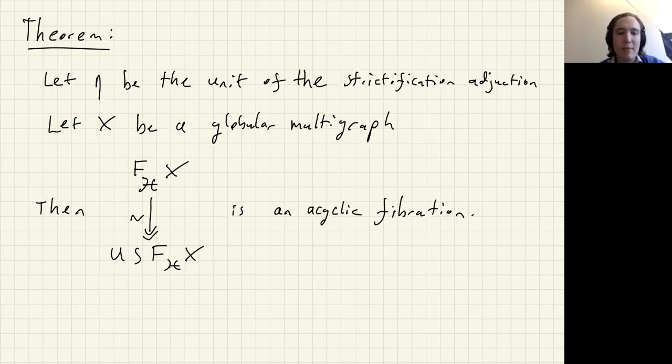So this unit of this adjunction is always an acyclic fibration. And it turns out that in the particular case that X is the point and the bottom globular multicategory here is actually a globular operad, this result tells us that the top operad is contractible.